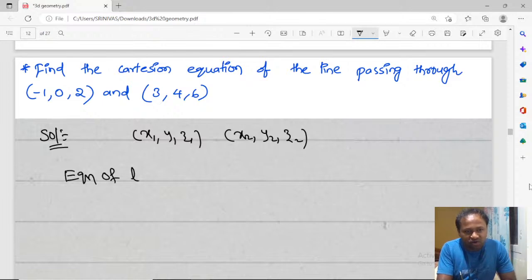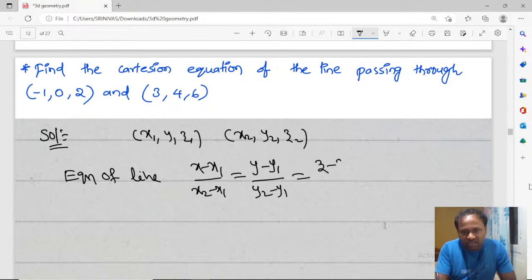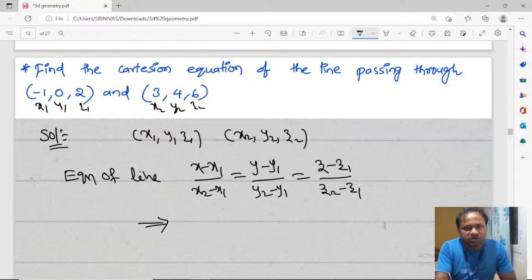The equation of the line is (x minus x1) divided by (x2 minus x1) is equal to (y minus y1) divided by (y2 minus y1) is equal to (z minus z1) divided by (z2 minus z1). Just substitute in this. You have x1 y1 z1, x2 y2 z2.